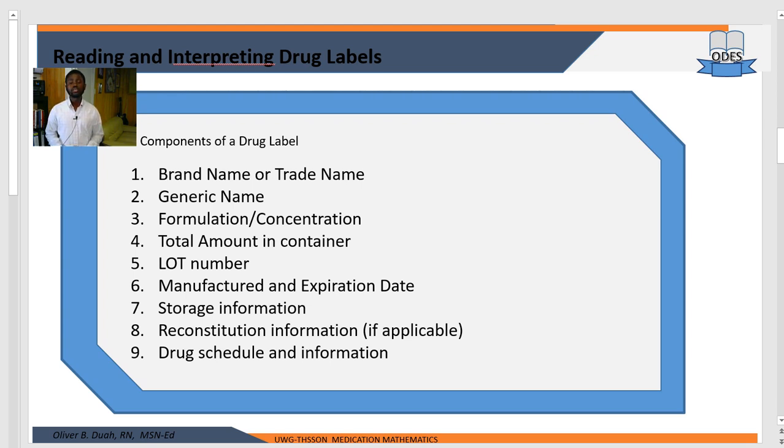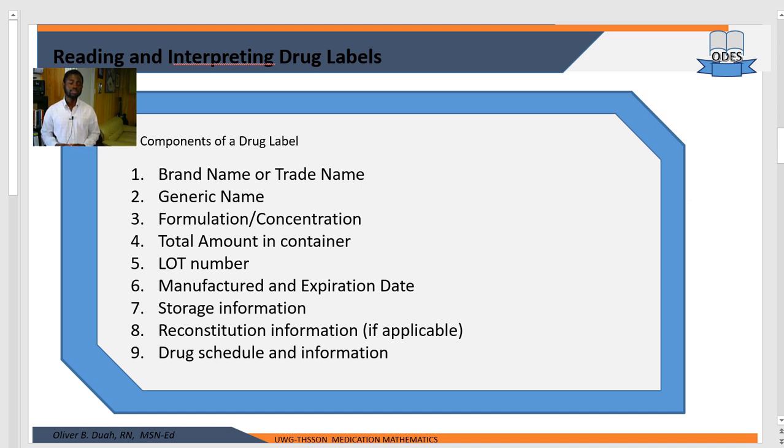You are also going to find storage information. The storage information tells you how to safely store the medication. Remember that medications are made of chemicals, and chemicals can react, and temperature and the way you store it plays an important part in these reactions.